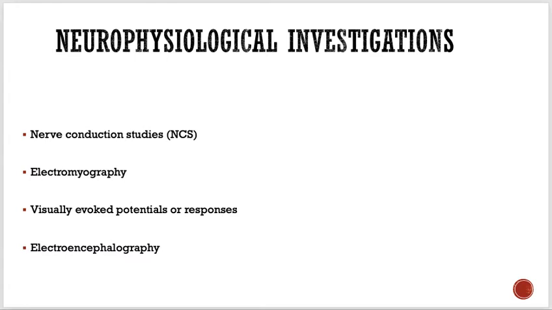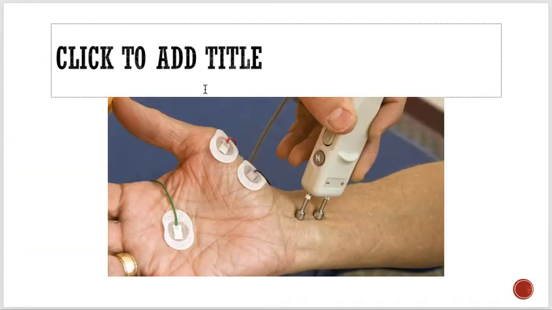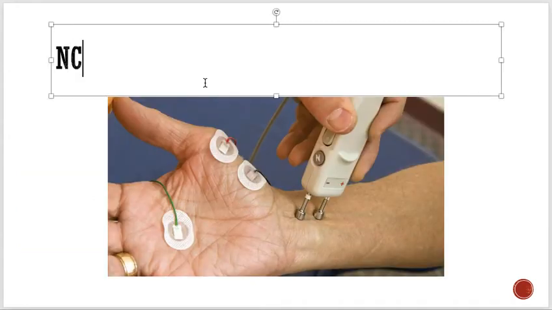The first thing I want to show you is NCS, or nerve conduction studies. They give the results in the form of graphs or tables. Simply, what they are checking here is how well the nerve can transmit the electrical signal. In this case, this is the median nerve.